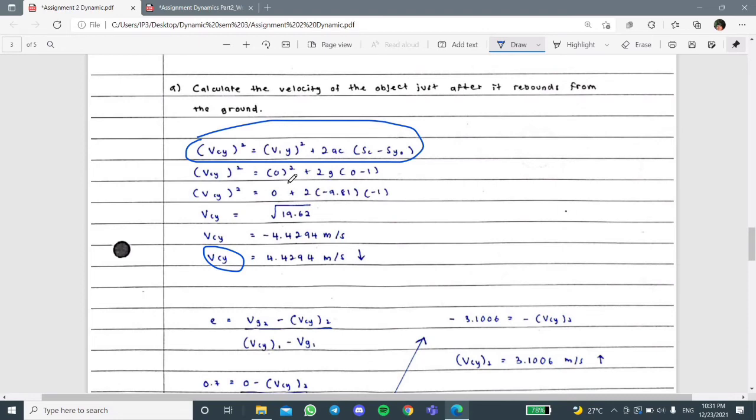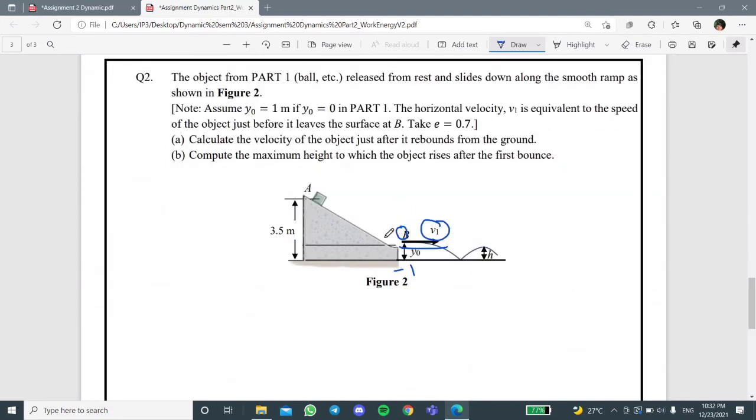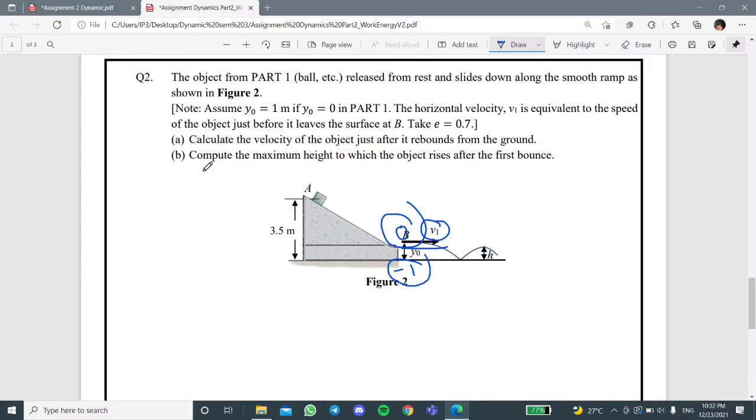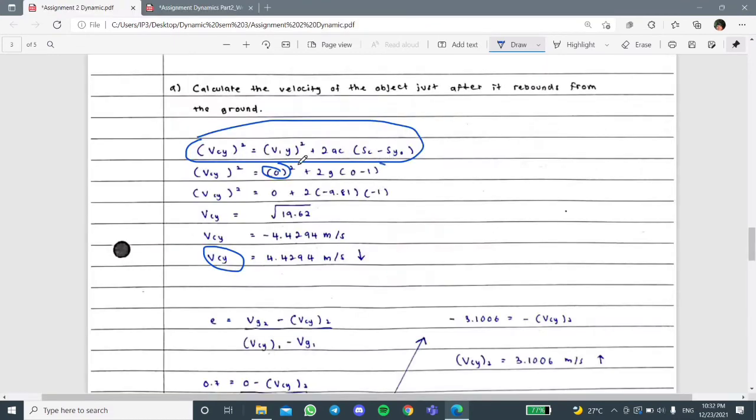So V1y, we know it is equal to 0, then we put here 2g times minus SC at 0, and SY0 is equal to -1. Then we put here G, we replace it equal to -9.81, and we calculate, then we got -4.4294.